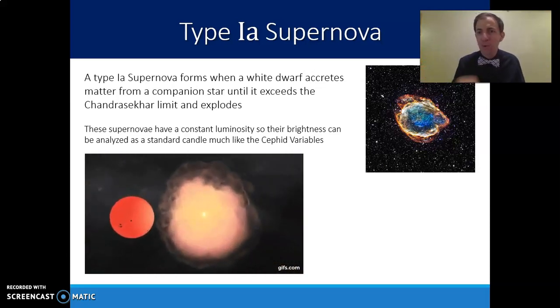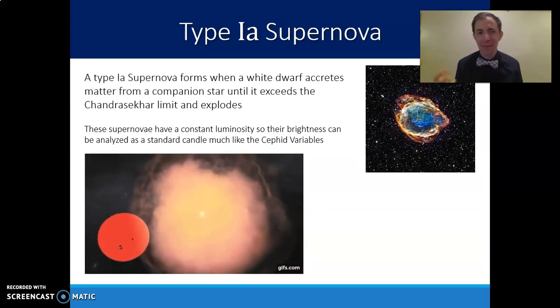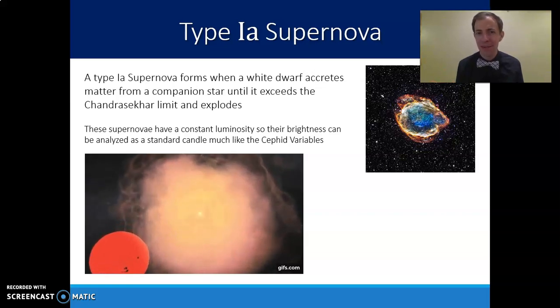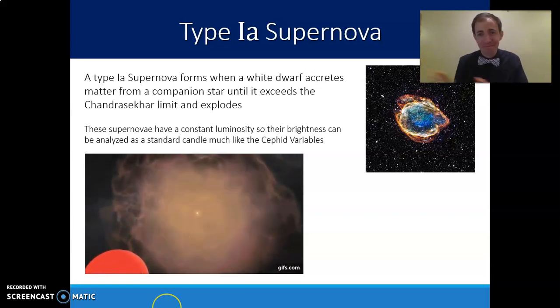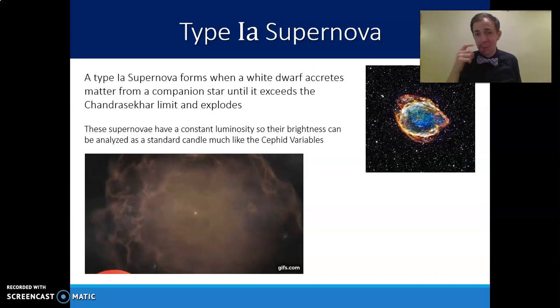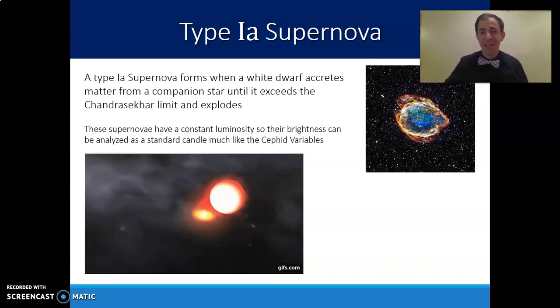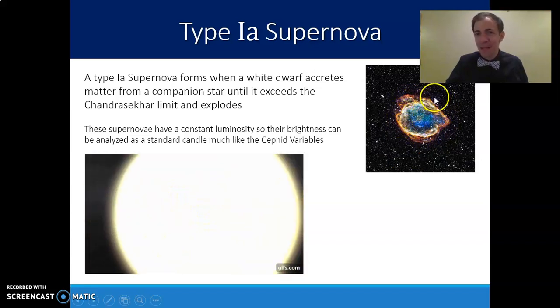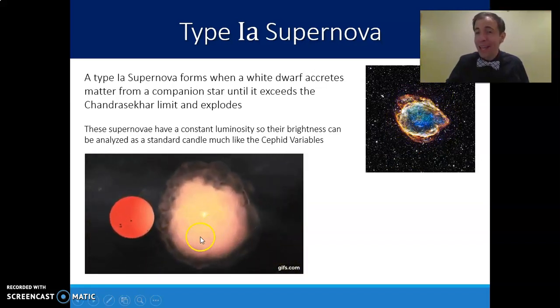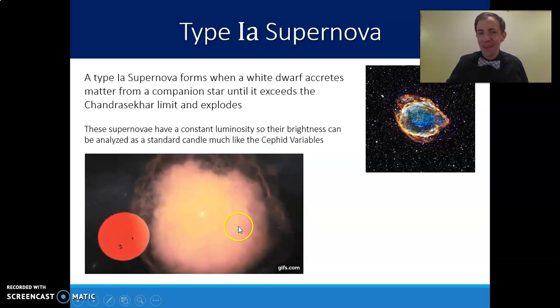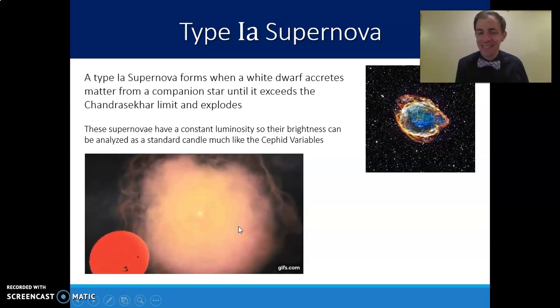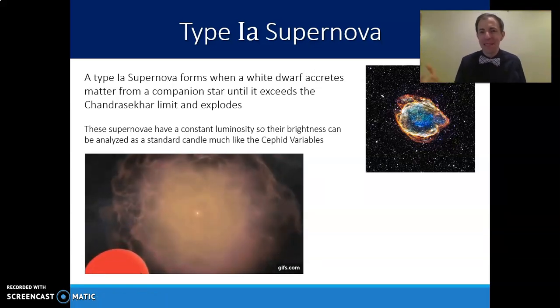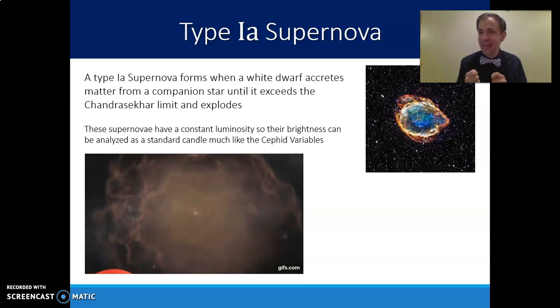If that mass goes above that limit, being 1.4 times the mass of our sun, it can no longer be a white dwarf and explodes outward in this really beautiful supernova. Now, this way of forming this supernova is a very consistent thing because it will basically add matter until it hits that limit.